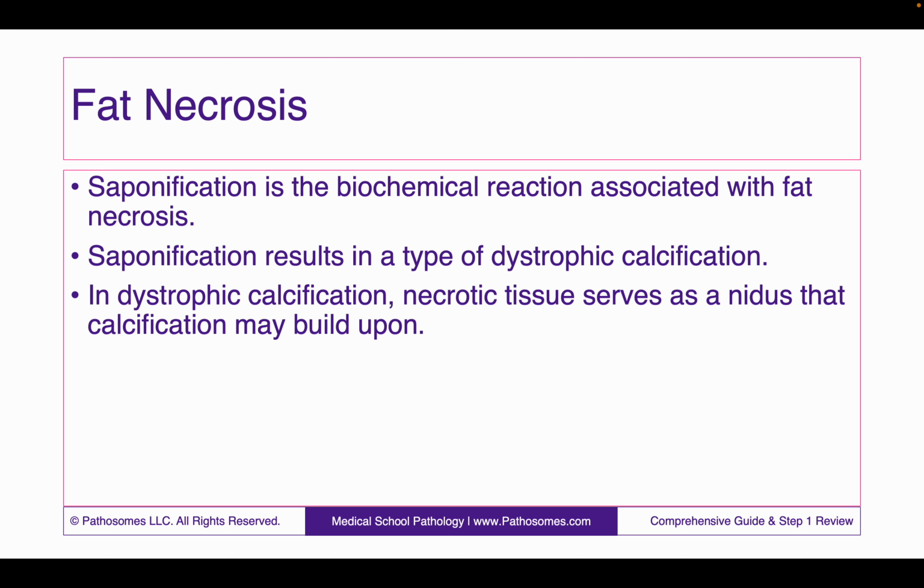Saponification is the biochemical reaction associated with fat necrosis. Now, what type of calcification does saponification cause? Saponification results in a type of dystrophic calcification. In dystrophic calcification, necrotic tissue serves as a nidus that calcification may build upon.